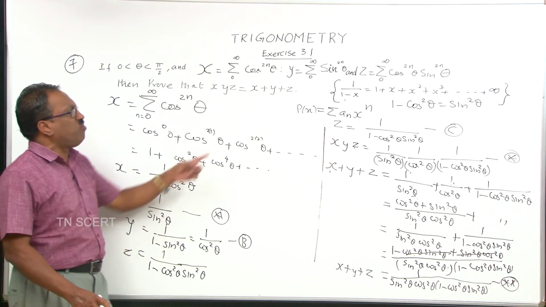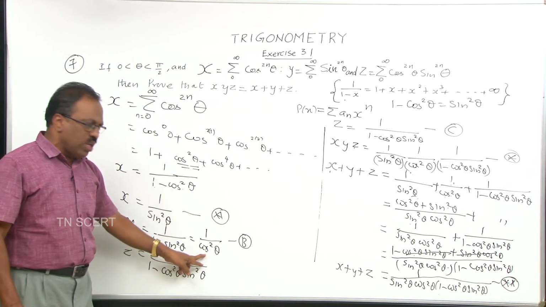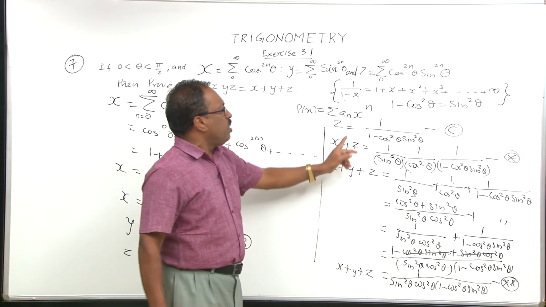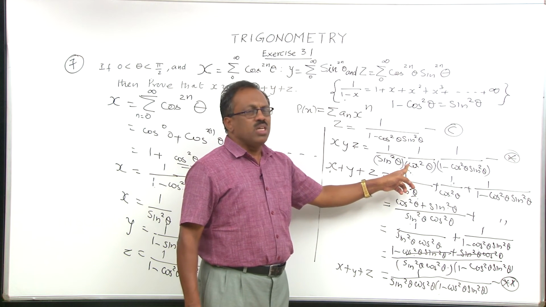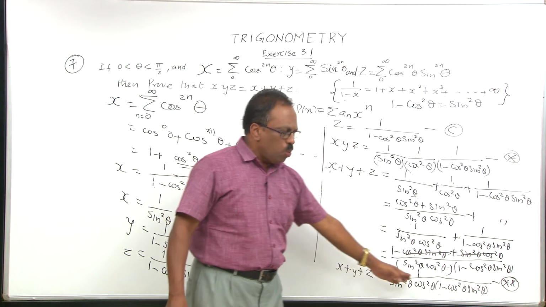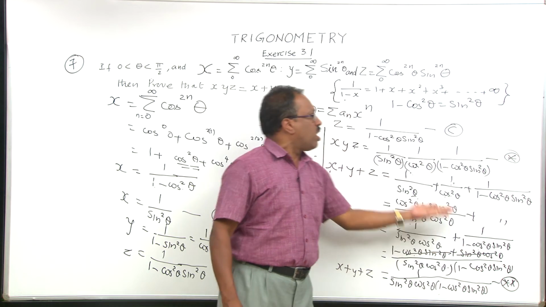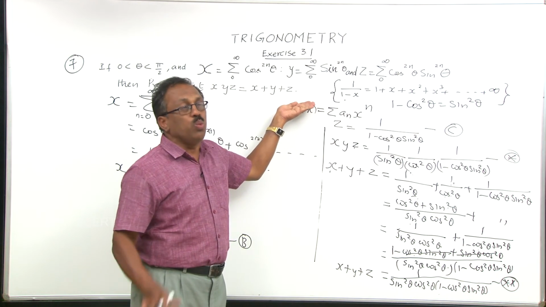And in the same way for y also, because it is in terms of sine, we got the other result. By multiplying these three results we got the first result as star, and by summing up we got the second result. By taking star and double star, what we wanted to prove we have arrived at.